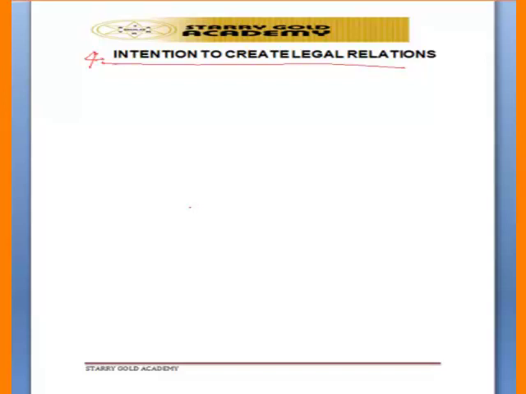And we have ways by which a court will be able to know that the parties actually want to enter into a legal relation. This will happen where, number 1, in their contract, it is expressly stated that they want to enter into a legal relation.